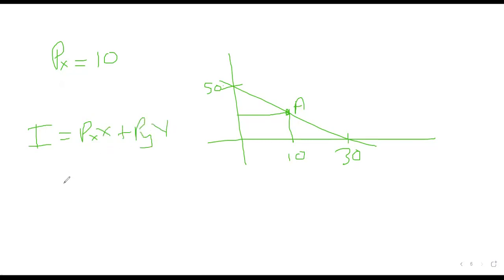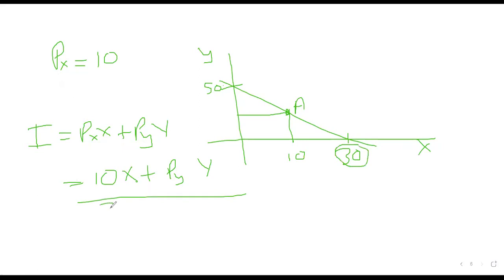So let's start substituting. The price of X has been given as 10, so 10X plus the price of Y, which we don't know, times Y. From this graph, it is cutting the X-axis at 30. To get the total budget, we multiply 10 times 30, meaning our budget should have been 300.